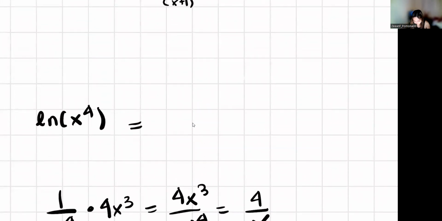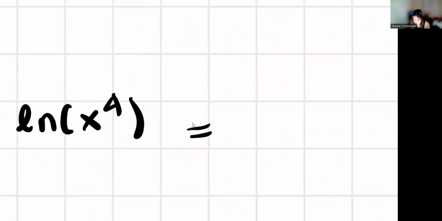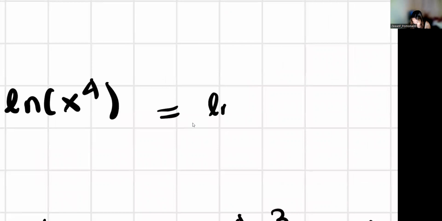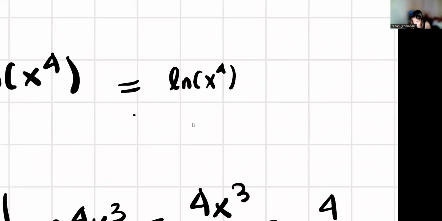Okay, so what about this one? This is also chain rule. It would be ln of x to the power of 4. Okay, and then you know that it is 1 over x to the power of 4 times, well, what is the derivative of this?